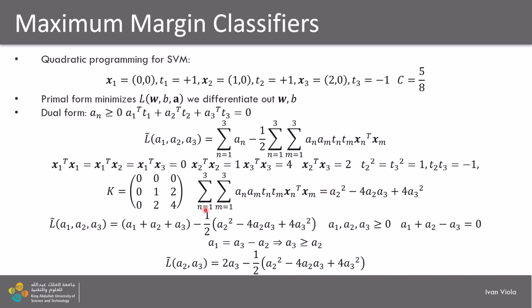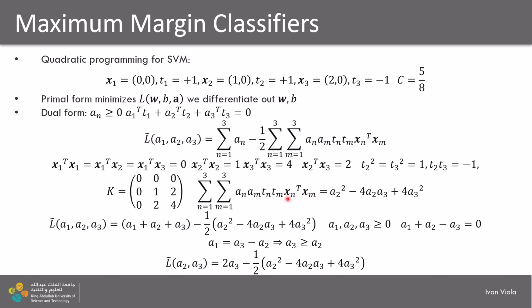Now let's say m is still 2, but n is 3. So this is a3 times a2, and then here we have t3, t2, so a3, a2 times minus 1 because of this term, and then times the dot product 3, 2, which is like 2, 3, that's 2.